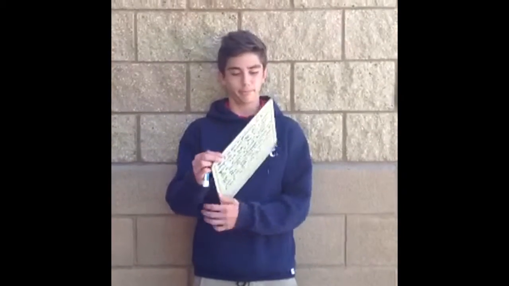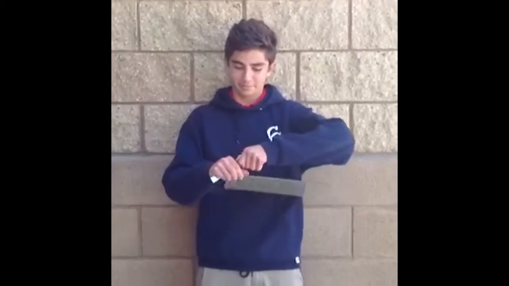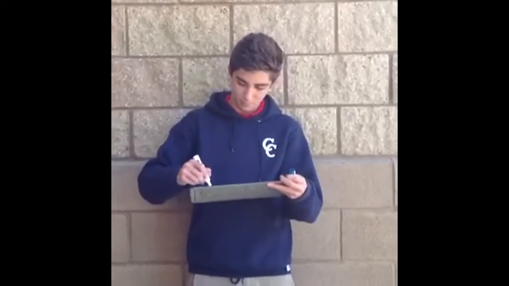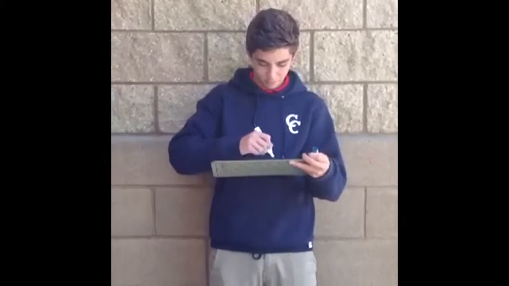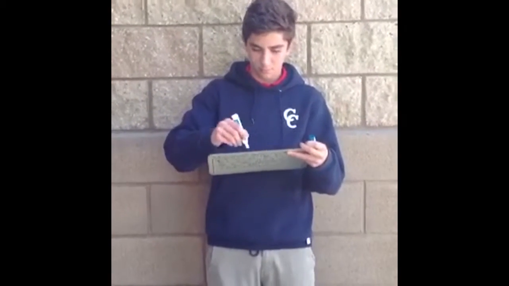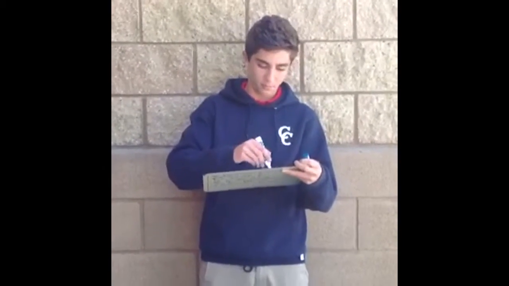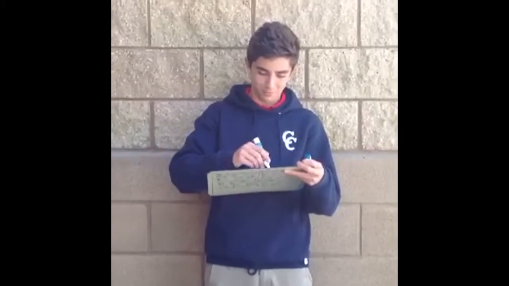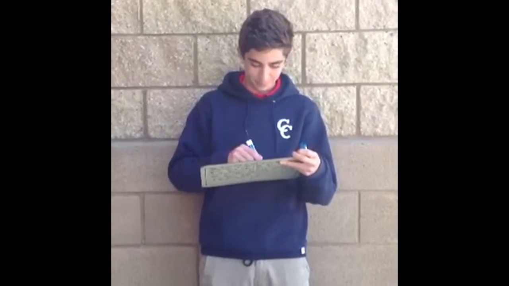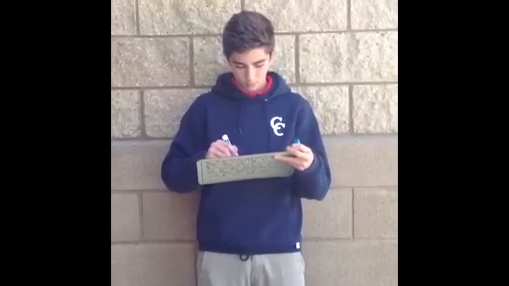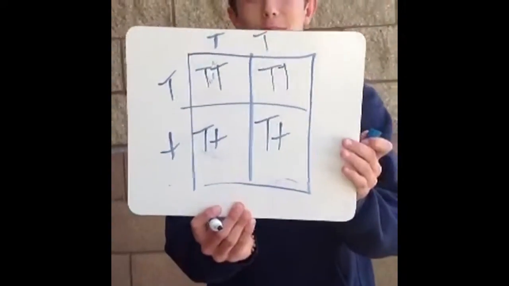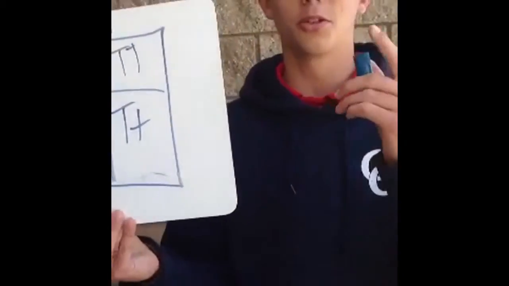After you are done, it should look like this. And that's how you do a Punnett square.